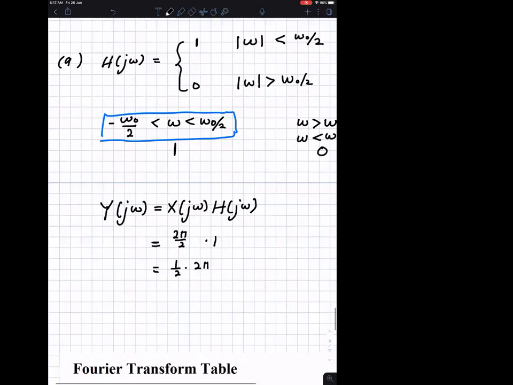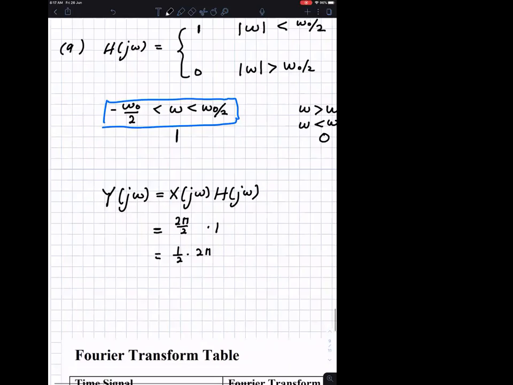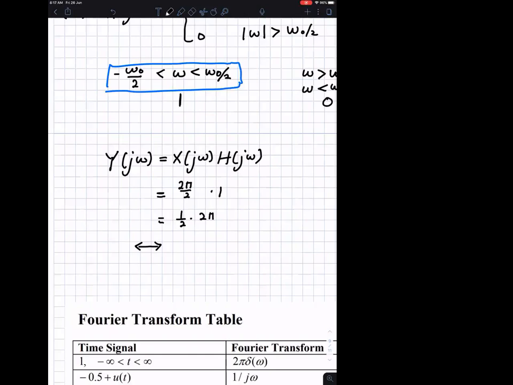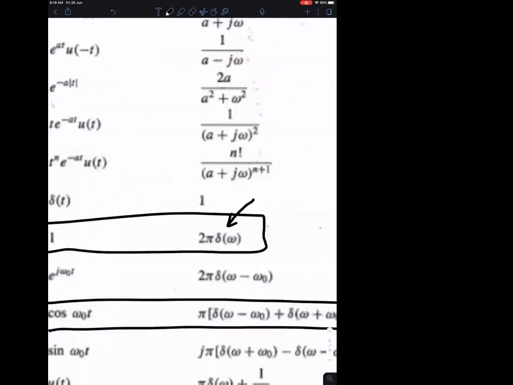The inverse Fourier transform of Y(j omega) is y(t), and that's going to be, what's that equal to? The inverse Fourier transform of a DC at omega equal to 0.